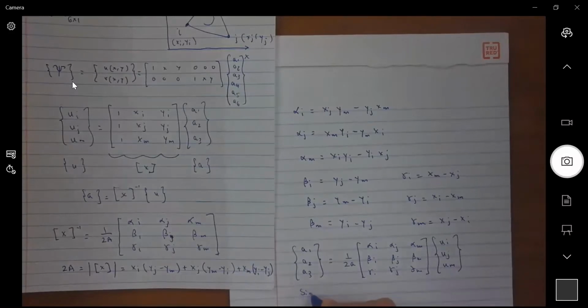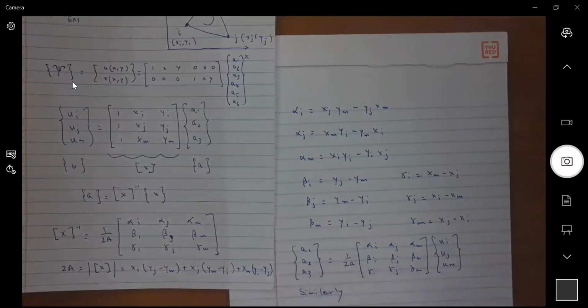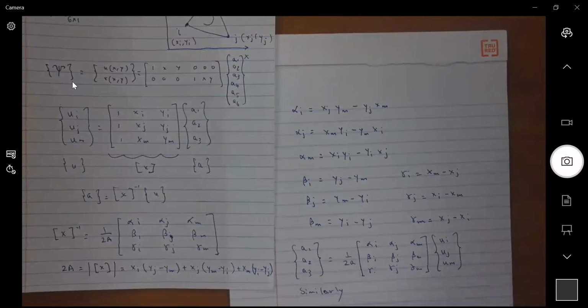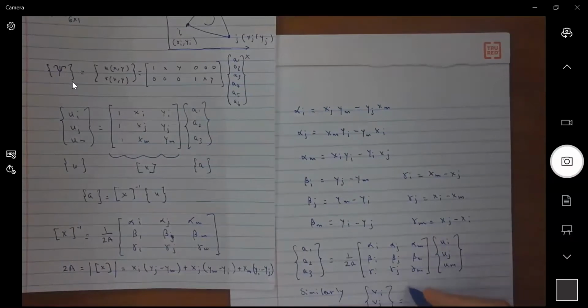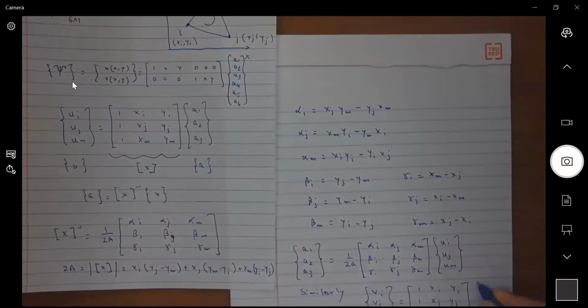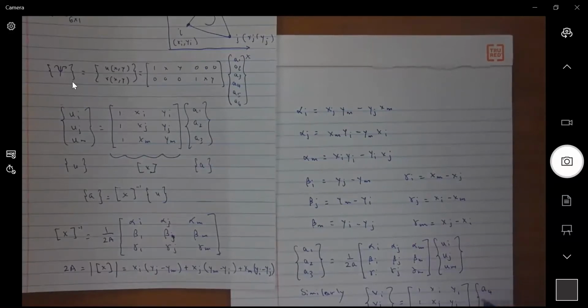Now, similarly, we may express VI, VJ, and VM as equal to 1 XI, YI, 1 XJ, YJ, 1 XM, and YM multiplied by A4, A5, and A6.